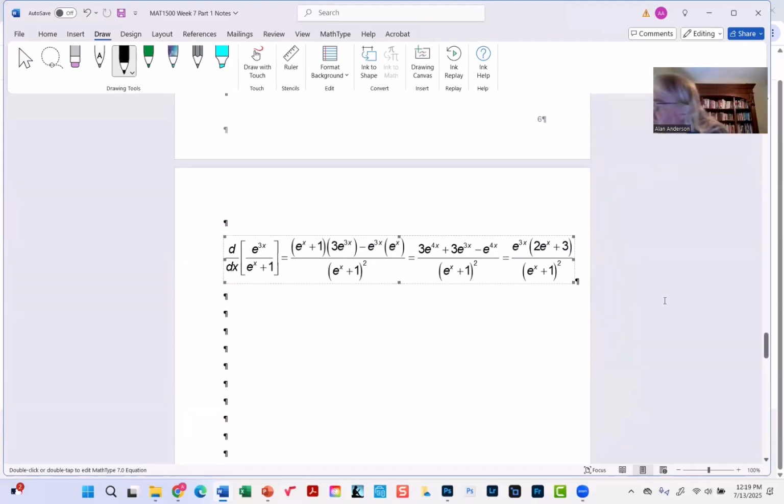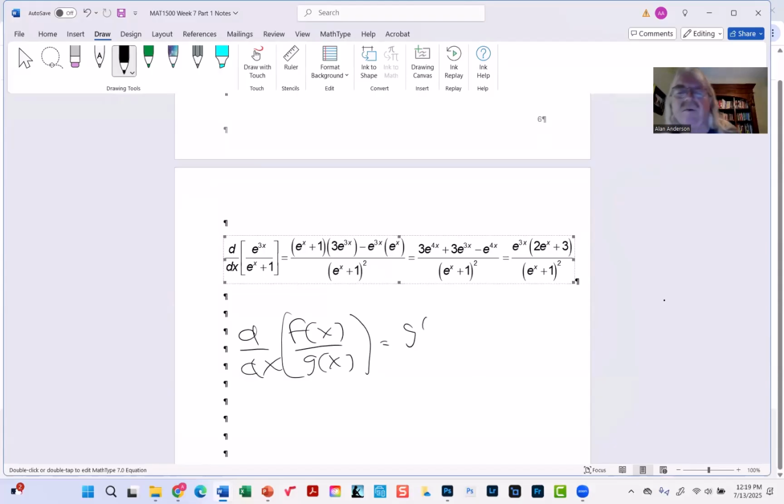So this time we have, now remember how this quotient rule works. Actually, I'm going to run out of room. Let me move that.